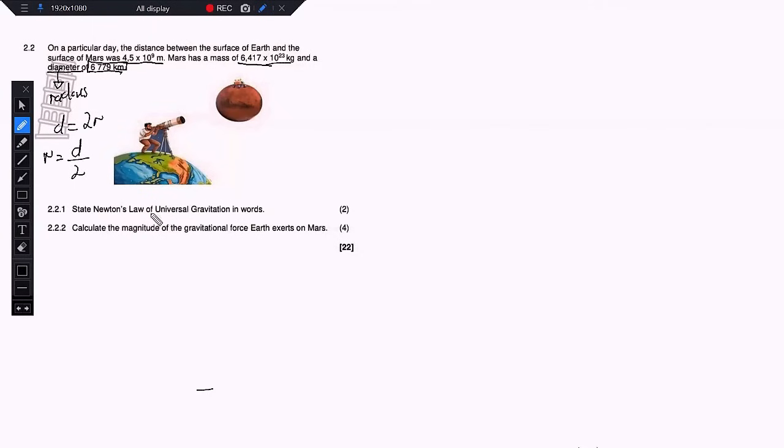2.2.1 says, state Newton's law of universal gravitation in words. So allow me to just define it down here.